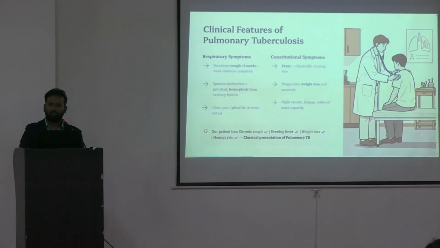The patient will not know he is having weight loss. Night sweats, fatigue, reduced work capacity. So our patient has chronic cough, evening fever, weight loss, hemoptysis, a classical presentation for pulmonary TB.